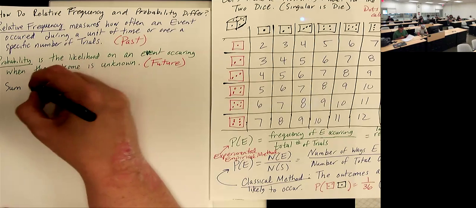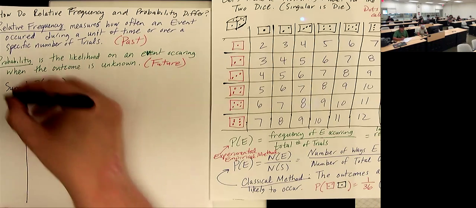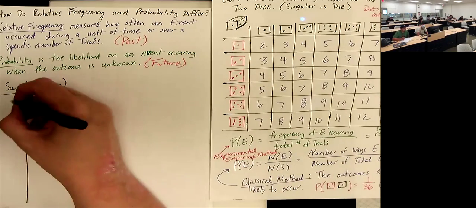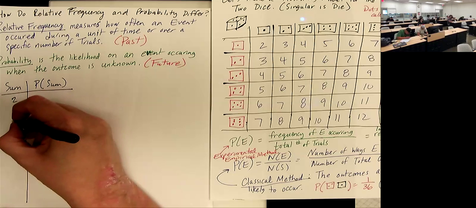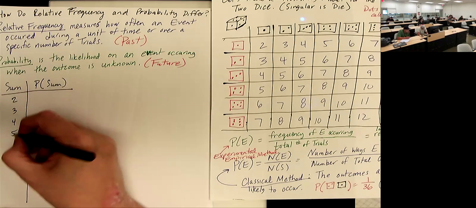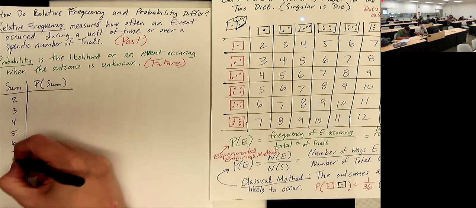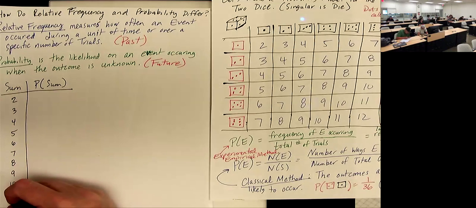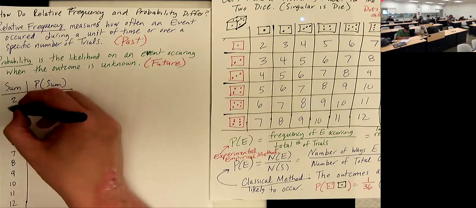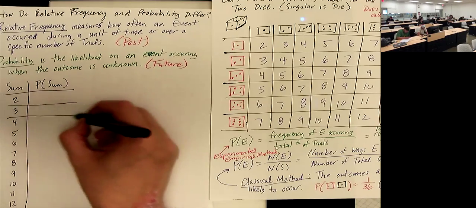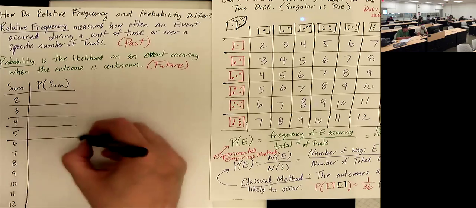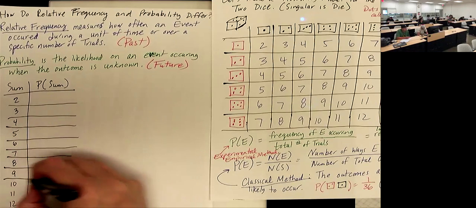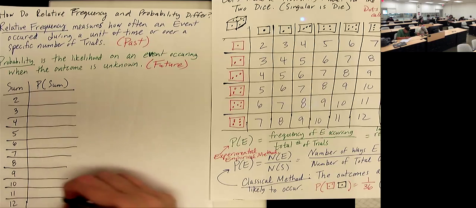Make a table. I see numbers from 2 to 12. And I'm putting cross lines in because otherwise these things are gonna start to blur what's what.